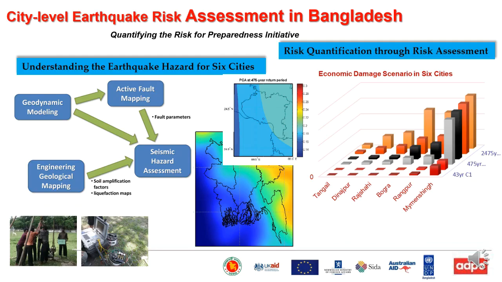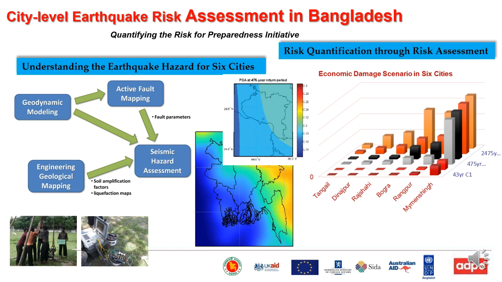This is another one: city level earthquake risk assessment in Bangladesh. So, quantifying the risk for preparedness initiative. It was more scientific analysis, starting with geodynamic modeling, active fault mapping, and engineering geological mapping, which turns into seismic hazard assessment in the country.